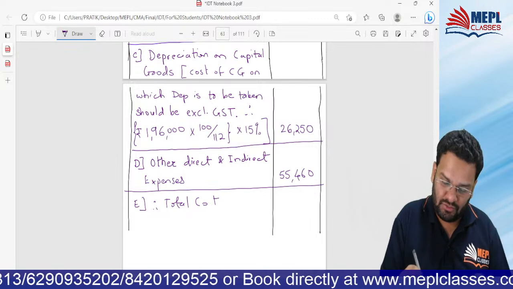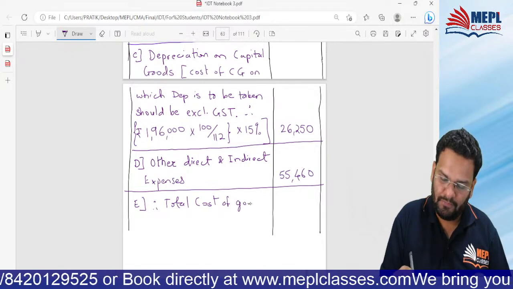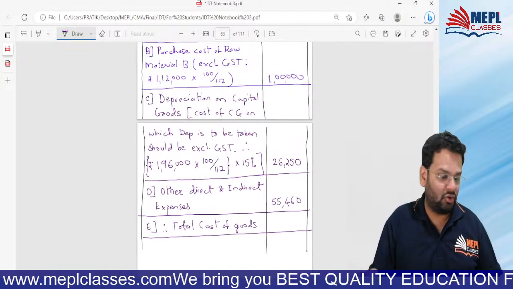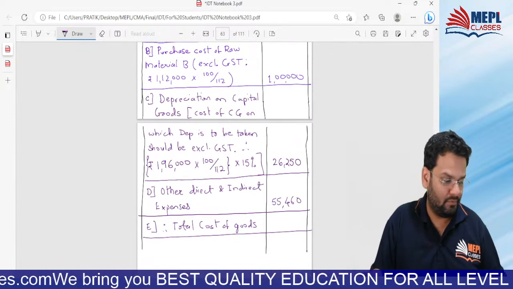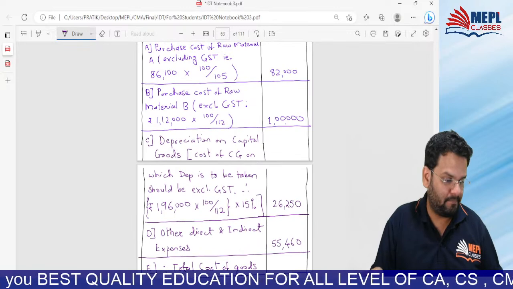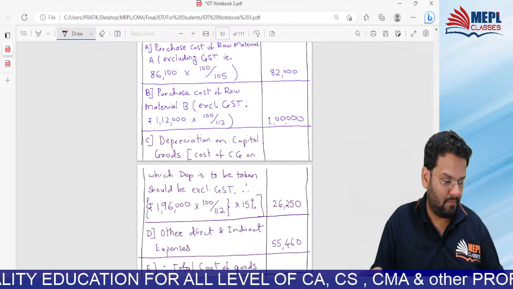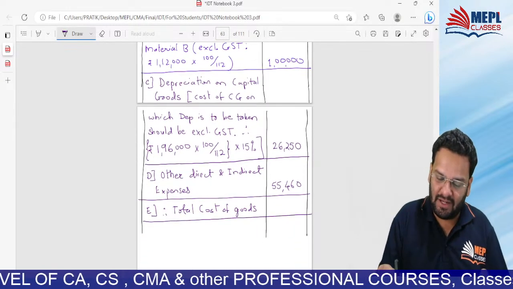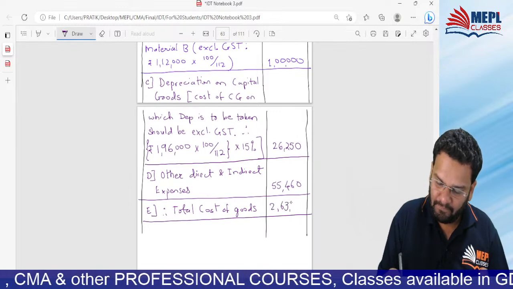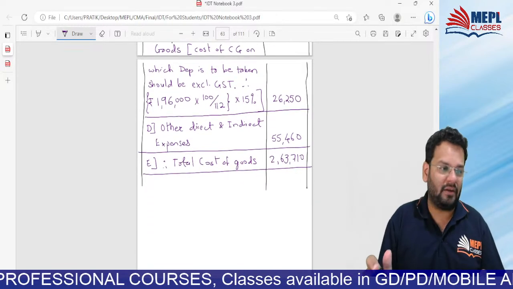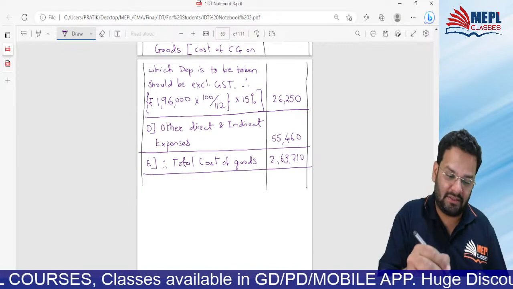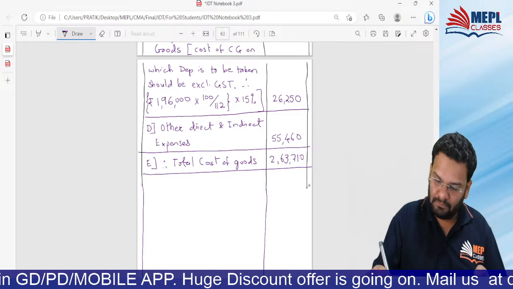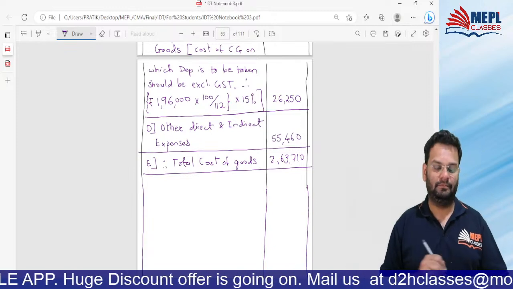Mind you, this is total cost of goods produced. Check and tell me what is total cost of goods produced. Is it 2,63,710? Check. Tell me whether you are getting 2,63,710. Yes.